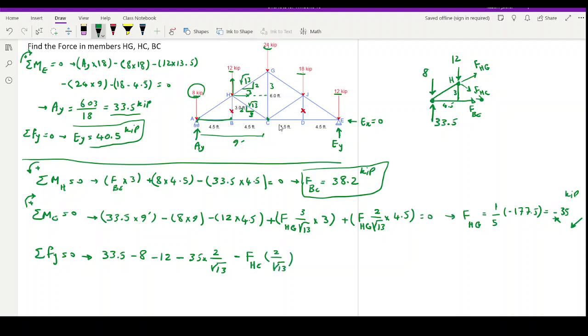We are just using the y component of FHC, is equal to 0. We don't have any other force. If you solve it, it's going to give you FHC equal to, this one is also a negative one, around 10.8 kip. That means this force, which I assumed downwards, is going to be upwards. So these are all three forces you were looking for.